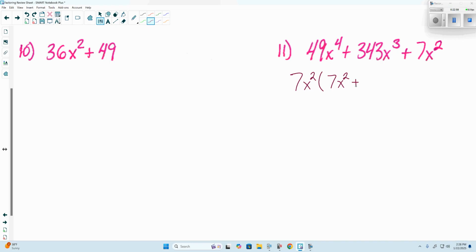If we factor 7 out of 343, we're left with 49. If we factor x out of x squared, we're left with x. Now, if we factor 7x squared out of 7x squared, we get plus 1.